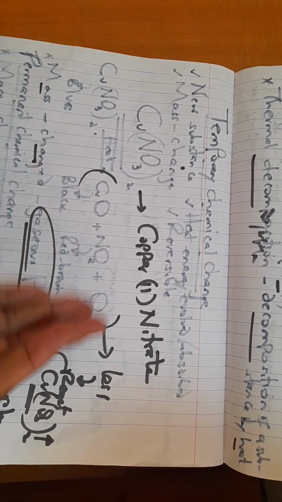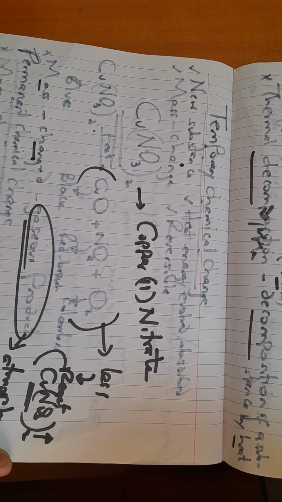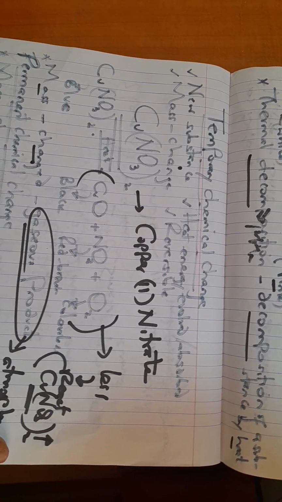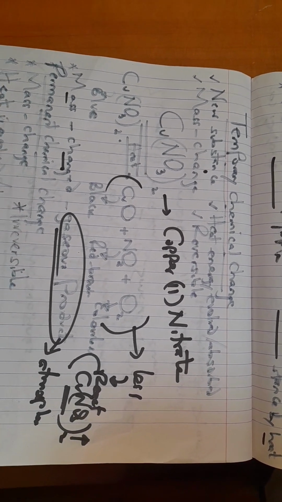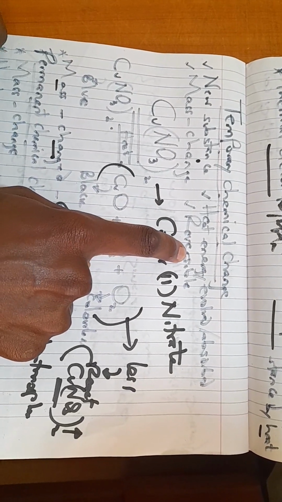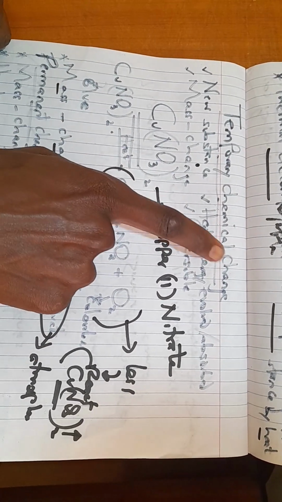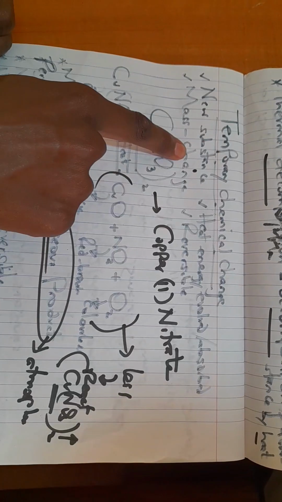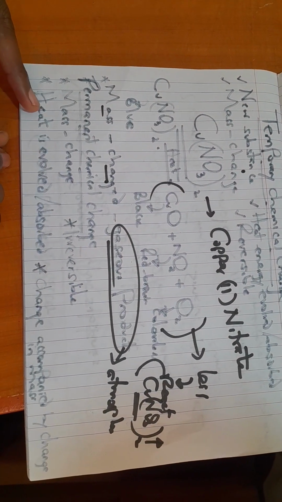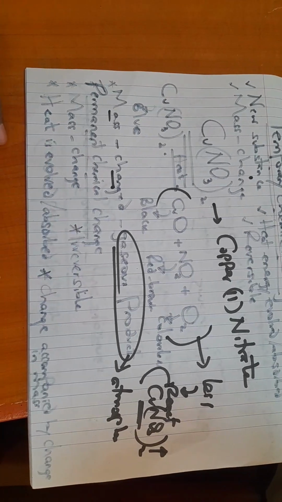There is also a change in mass in the temporary chemical change, which you need to consider there. Now, this one is reversible, but the permanent chemical change is irreversible.